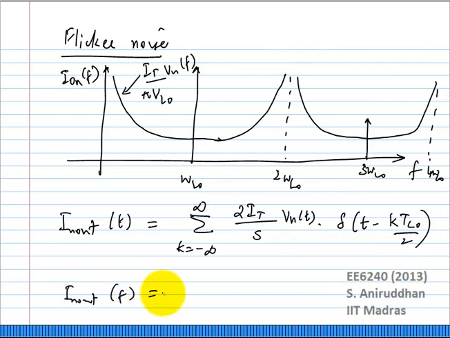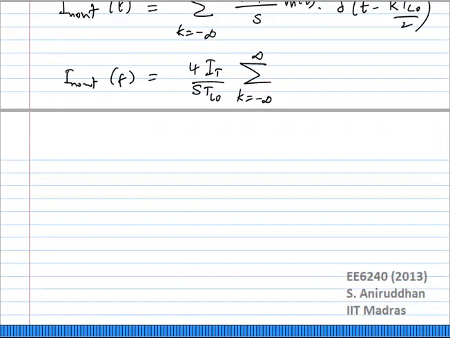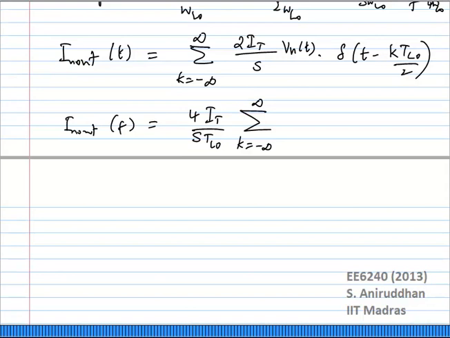In the frequency domain, again this will be a pulse train: the sum over k equal to minus infinity to infinity of Vn of f, delta of f minus 2k fLO.